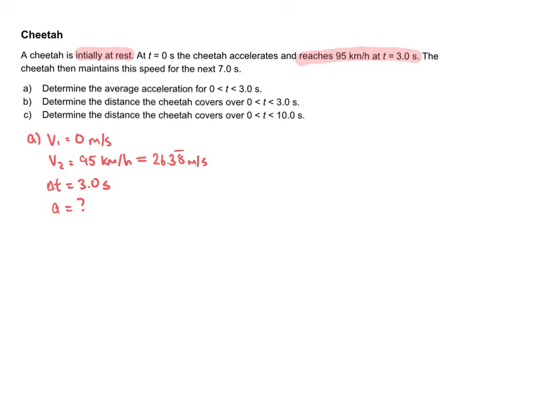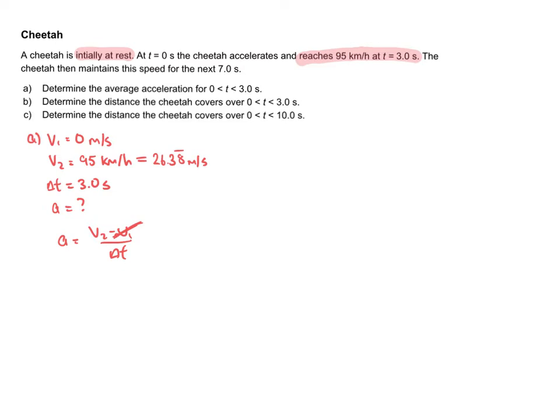So to get this acceleration, I just find the formula I need, the one that's got V1, V2, time, and acceleration in it. And that formula looks like this. The initial velocity is 0, so I'm just going to cross that off from the formula.